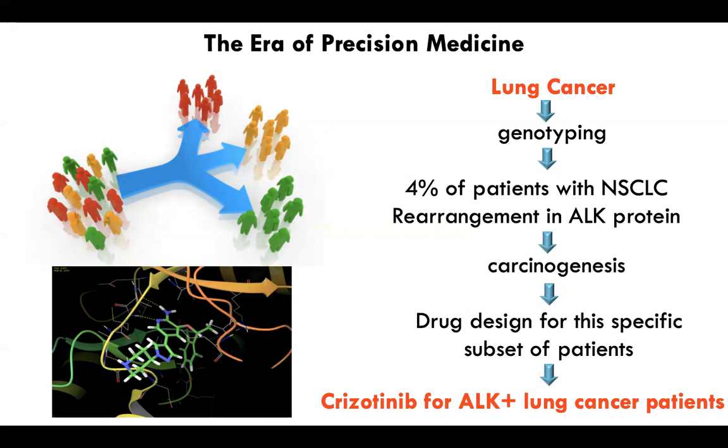As, for example, the very famous example of lung cancer, where it was found that 4% of patients with non-small cell lung cancer have a rearrangement in anaplastic lymphoma kinase that leads to carcinogenesis. And then drug design for the specific subset of patients that have this rearrangement was performed, resulting in crizotinib.